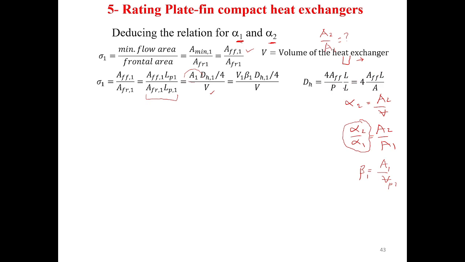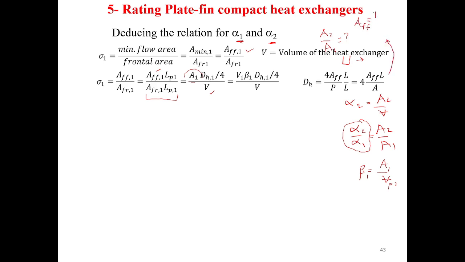Multiply by L in both the numerator and denominator, and since P times L is the area, you can say that dH is equal to 4 times the free flow area divided by the area multiplied by L. We utilize this here, since we removed AFF from this equation and put instead of it dH multiplied by A divided by 4L.